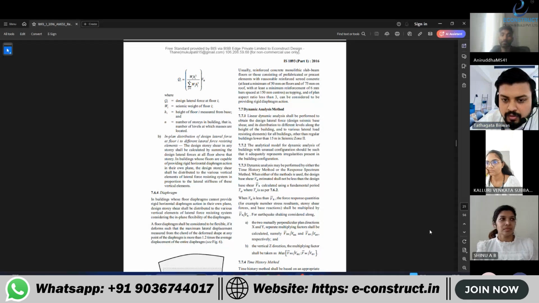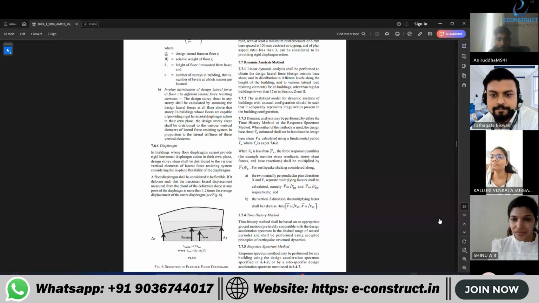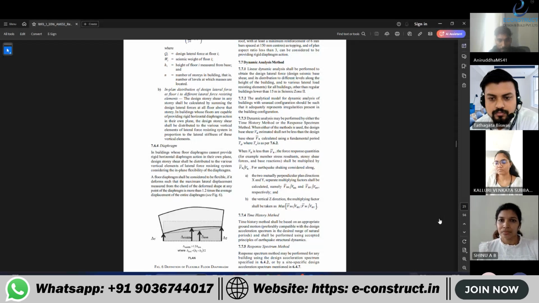Yeah, please proceed. The analytical model for dynamic analysis of buildings with unusual configuration should be such that it adequately represents irregularities present in the building configuration. Dynamic analysis may be performed by either the time history method or the response spectrum method.